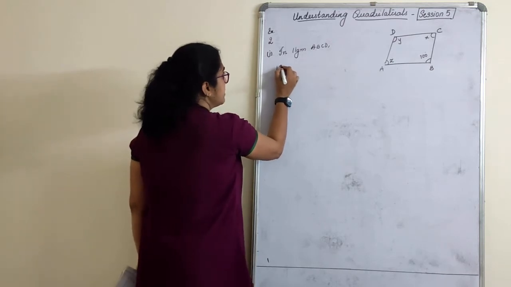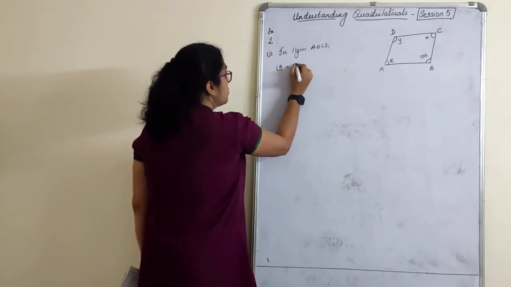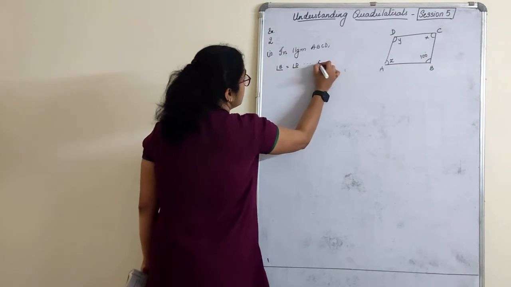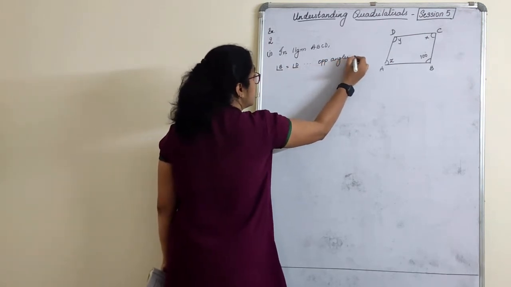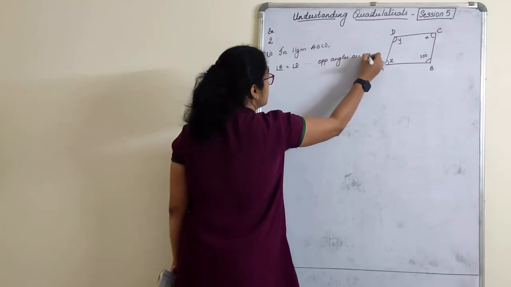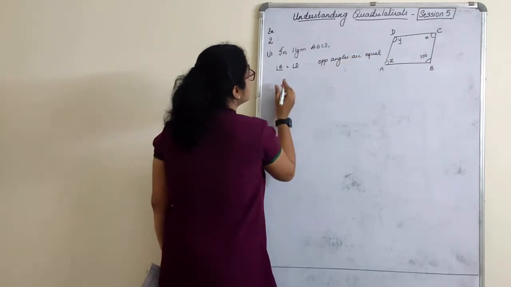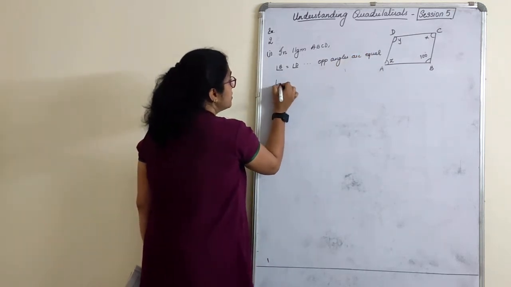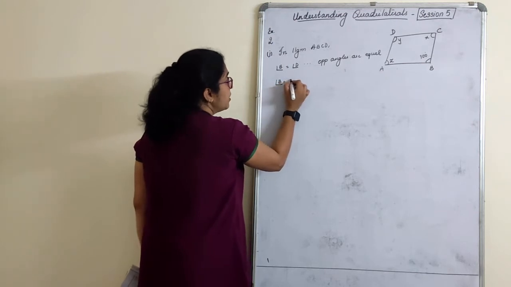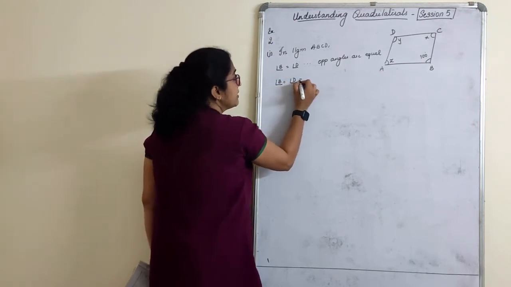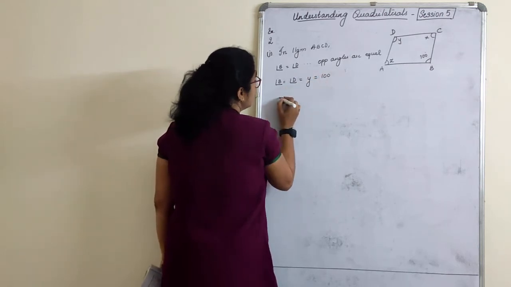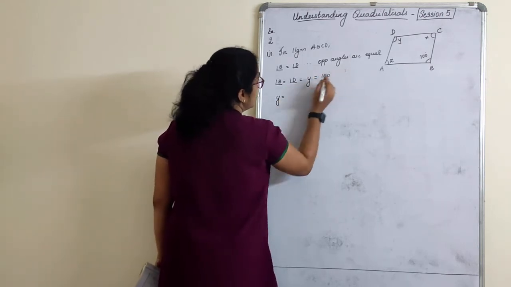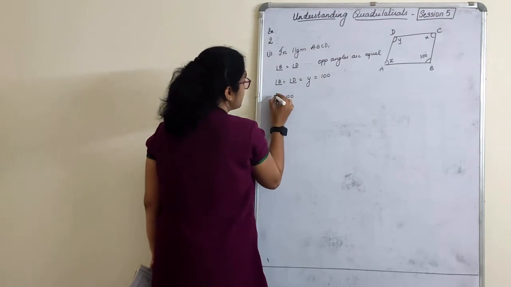I will directly write angle B is equal to angle D. Reason, opposite angles are equal. So angle B is equal to angle D, that is equal to angle Y, that is nothing but 100. So angle Y is equal to 100 degrees.